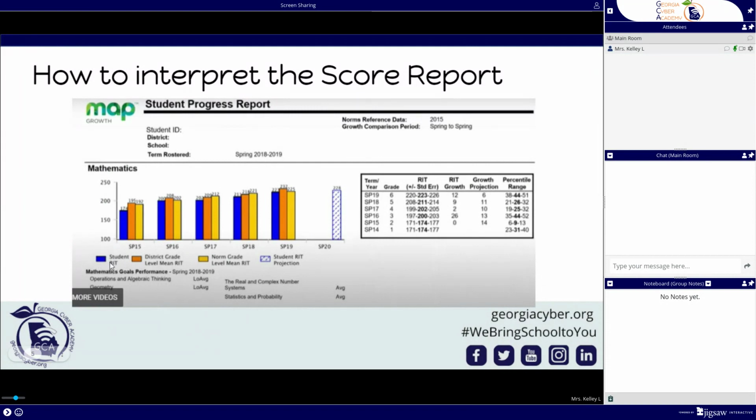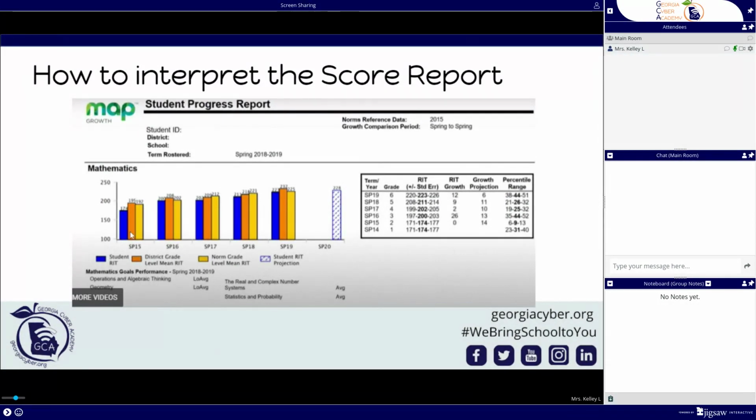The blue color is what your student scored. The orange would be the district mean, so other students in that grade level at Georgia Cyber. And then the gold yellow color would be students in the same grade level across the United States that have taken this.